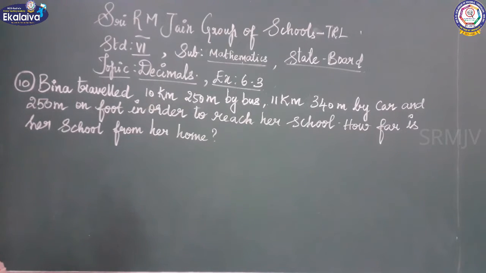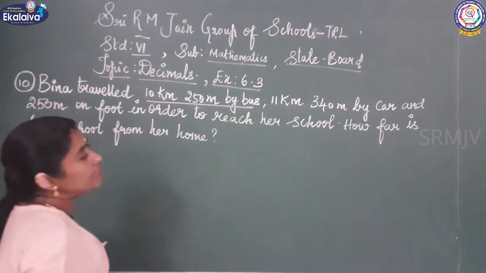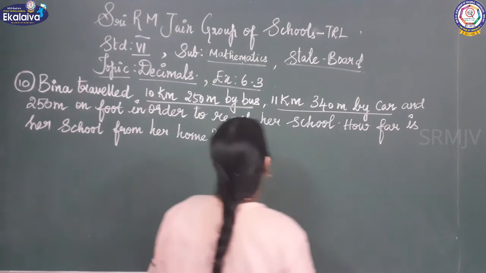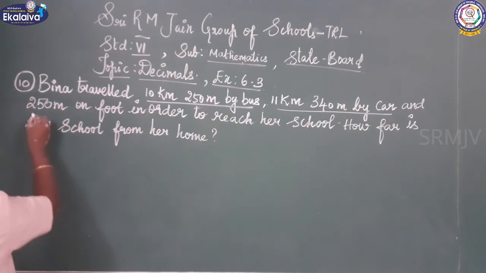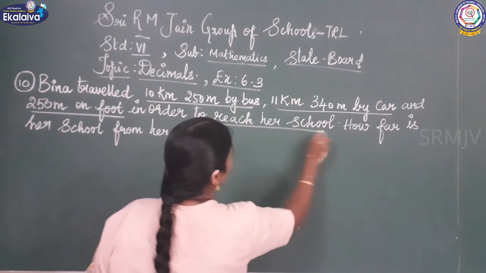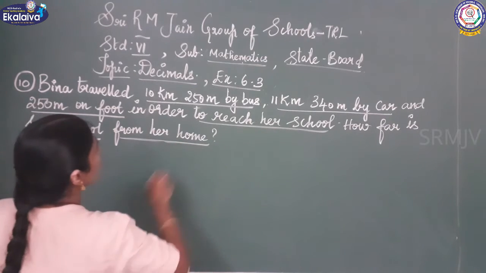See the 10th sum, children. Binna travelled 10 kilometer 250 meter by bus, 11 kilometer 340 meter by car and 250 meter on foot in order to reach her school. Okay. How far is her school from her home?